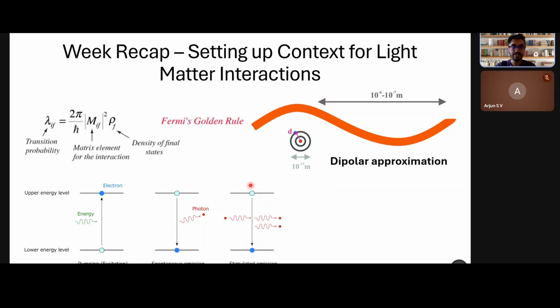And this week's course content primarily focused on setting up the context for the initial part of the course, that is to study your radiative processes such as absorbance and fluorescence.